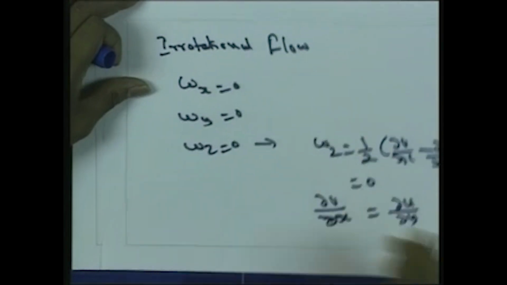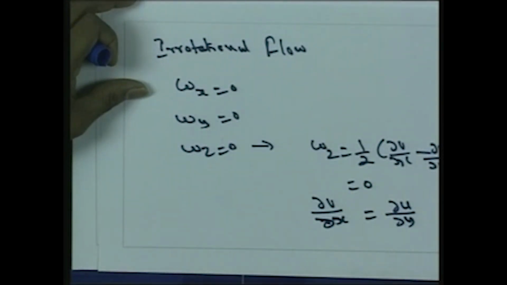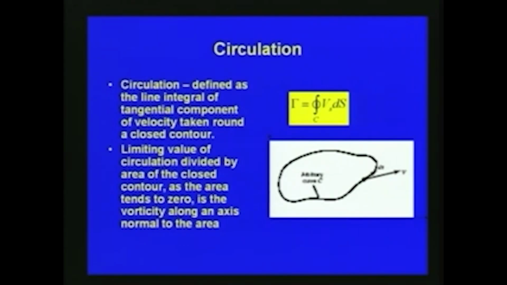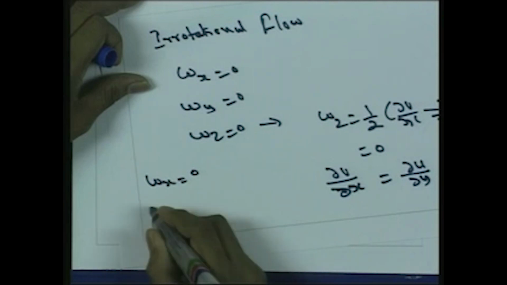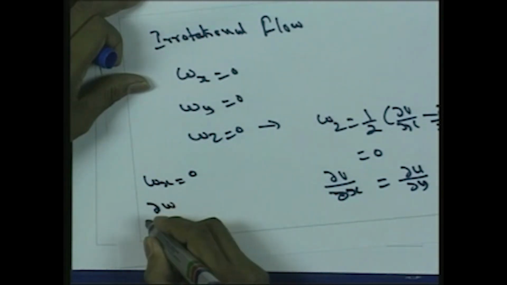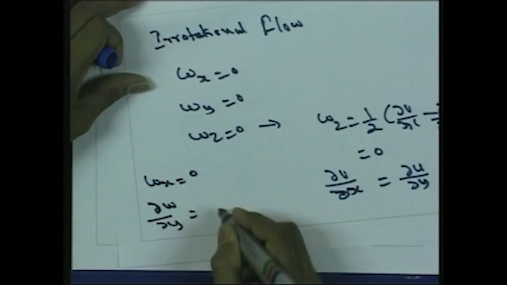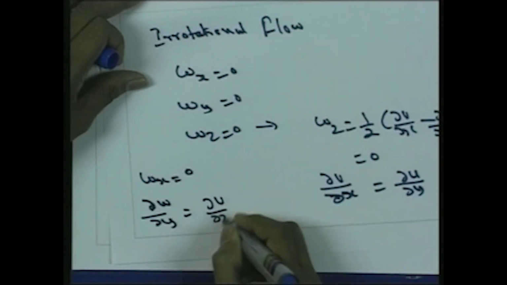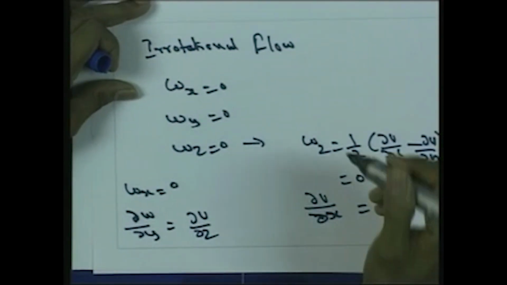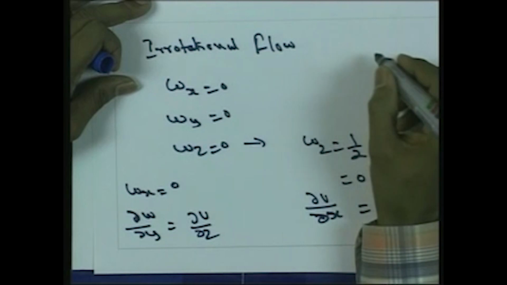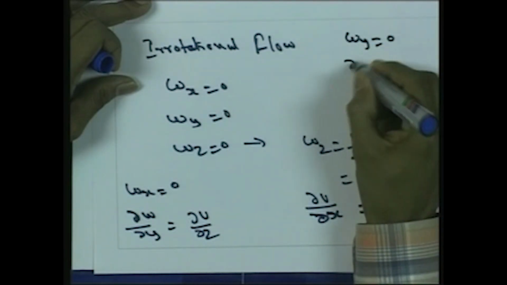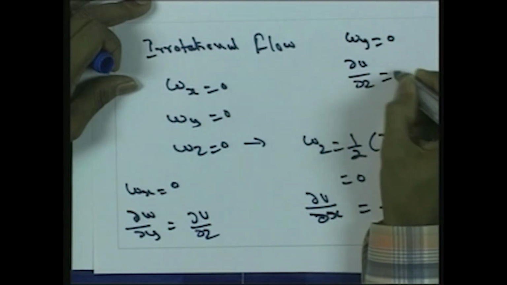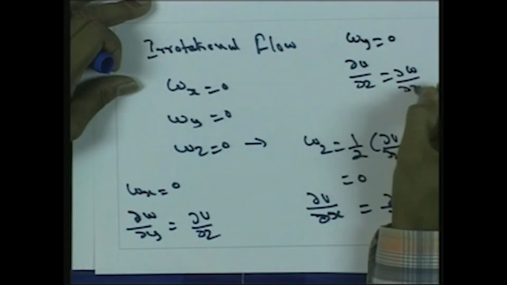For the other components, as we have defined earlier, omega x equal to 0 will give del w by del y is equal to del v by del z. Similarly, if we consider the component in the direction of omega y, omega y equal to 0 will give del u by del z is equal to del w by del x.